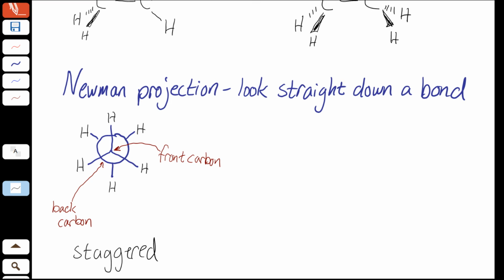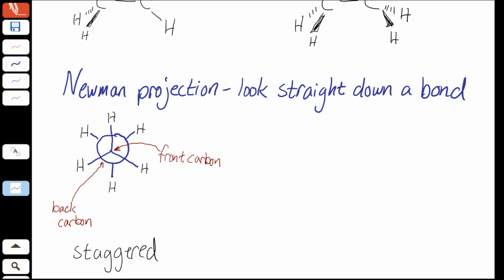Now, there's nothing special about putting that front one up. We could have put the front one down and drawn it like this. That's fine too. But we decided to do it like this. Or I decided to do it like that. Do it however you want. But let's all just make sure that you can see that. You've got a front carbon, which is that point, and then the back carbon, which is the circle.